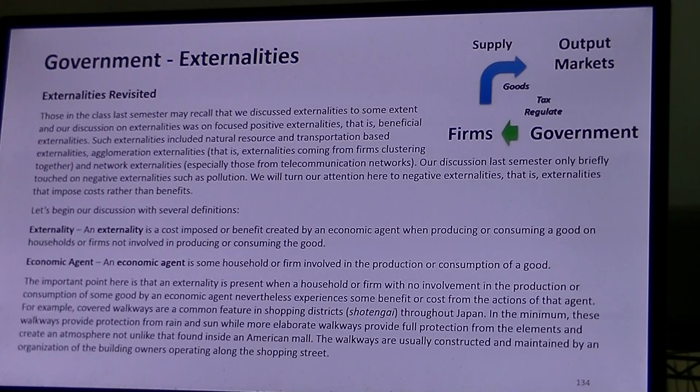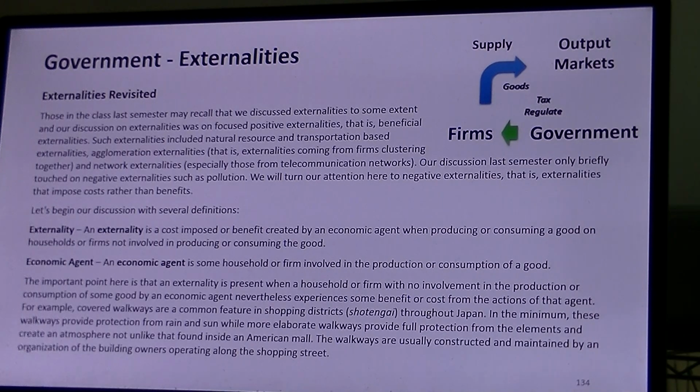We discussed externalities to some extent, and our discussion last semester was focused on positive externalities, that is, externalities that are beneficial to firms. Such externalities included natural resource and transportation-based externalities, agglomeration externalities, that is, externalities from firms clustering together, and network externalities, especially those from telecommunication networks.